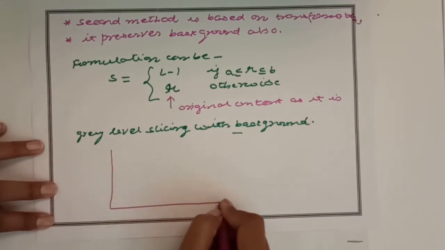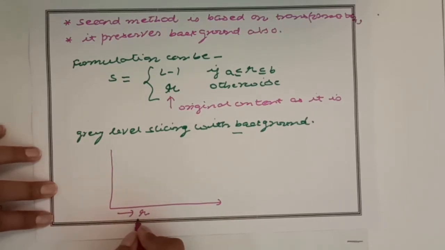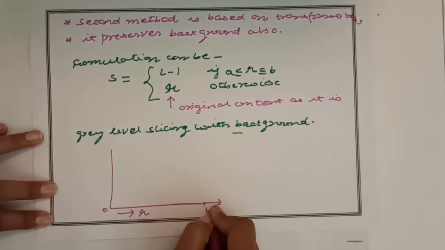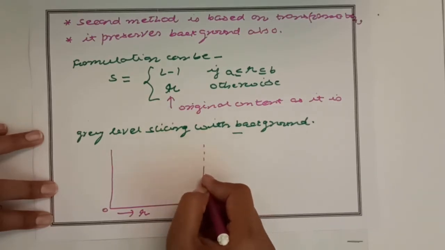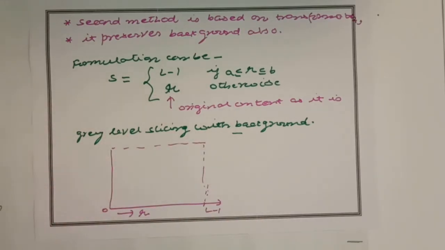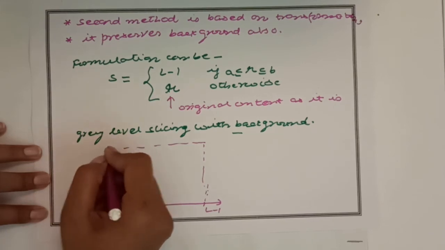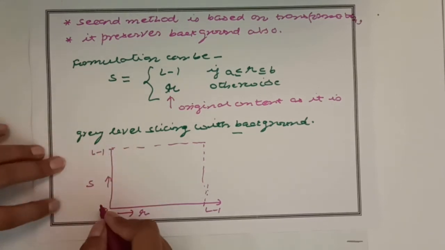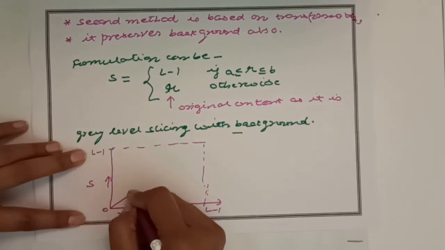See, again on the x-axis we have taken the intensity level variation denoted as R, 0 to L minus 1. L minus 1 is the maximum gray level. On the y-axis, the transformed function, again its range is from 0 to L minus 1.